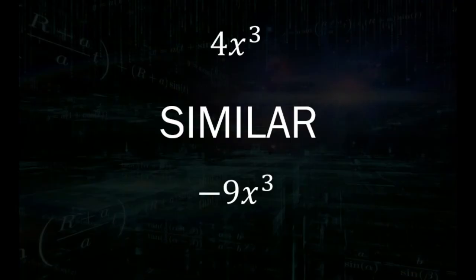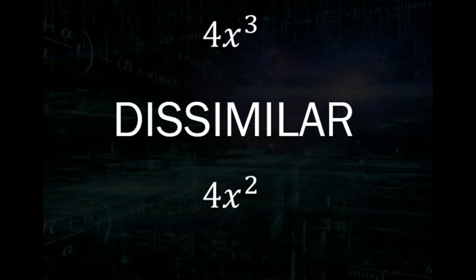Halimbawa, 4x cubed at negative 9x cubed. These two terms were similar because they have the same variable x and the same exponent of 3. 4x cubed and 4x squared were not similar terms because even if they have the same variables, the exponents used within the variables are not the same.